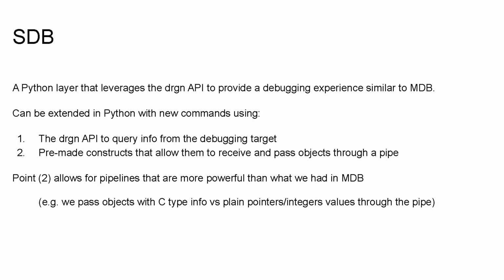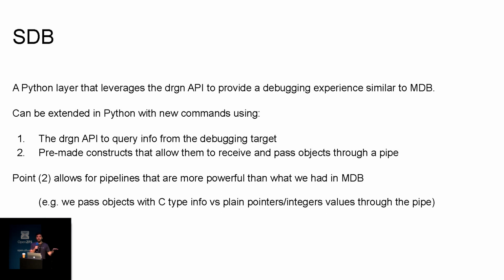What is SDB? SDB is basically a layer that leverages the Drgn API to provide the debugging experience that I just showed. It can be extended, as I said, in Python with new commands. These commands generally use the Drgn API to query whatever they need from the kernel. And then this code that you can write to query the kernel can be reusable by using SDB constructs.